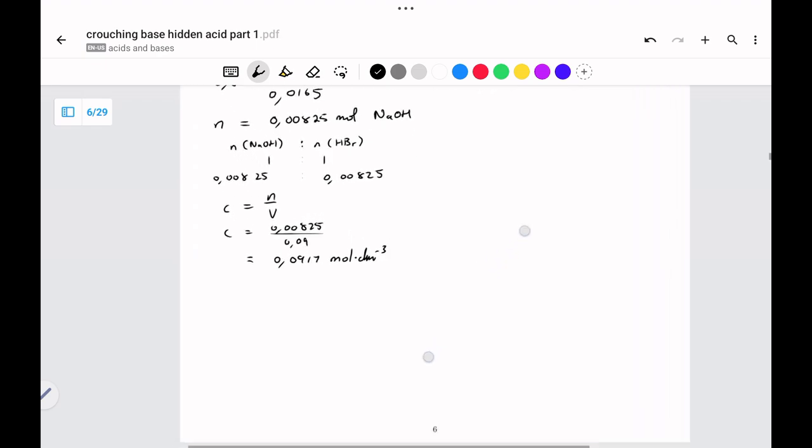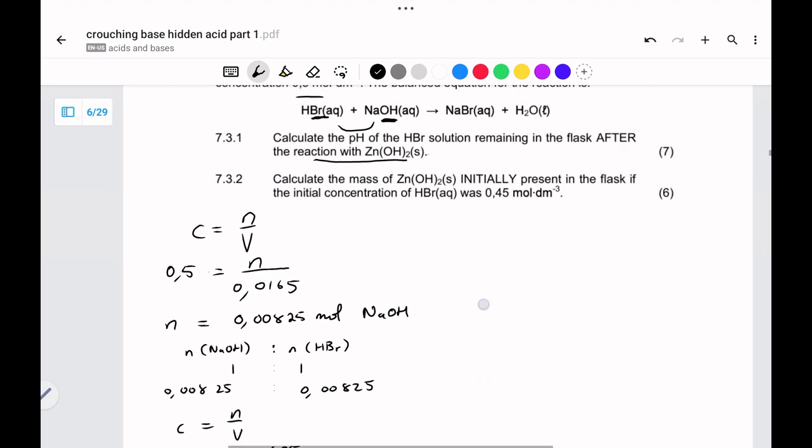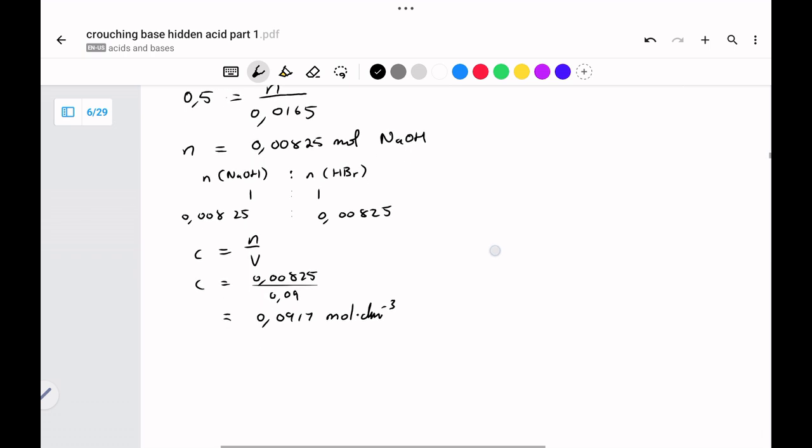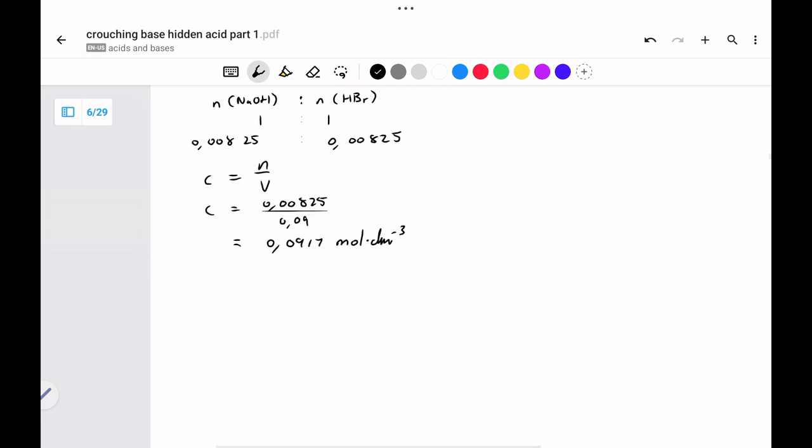And then remember, we were asked to find the pH of the HBr solution. This is the concentration of HBr. Now the ionization equation is this.